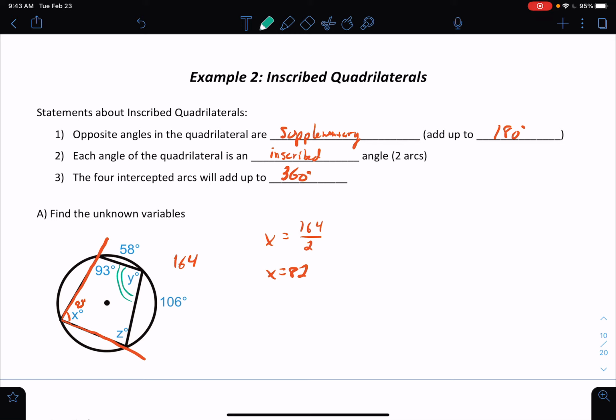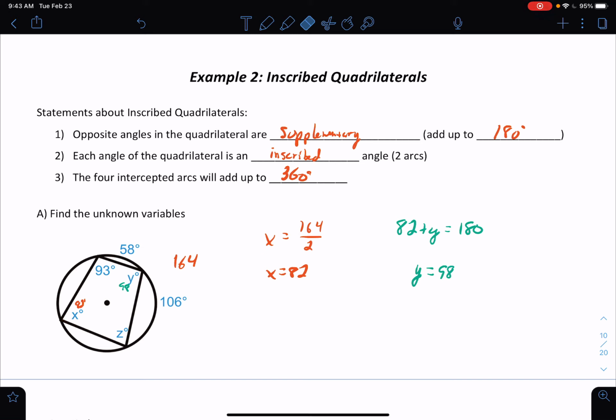So 360 divided by 2 is going to be 180. So 82 plus y is going to equal 180 since they're supplementary. So then I'm going to get y equals 98.